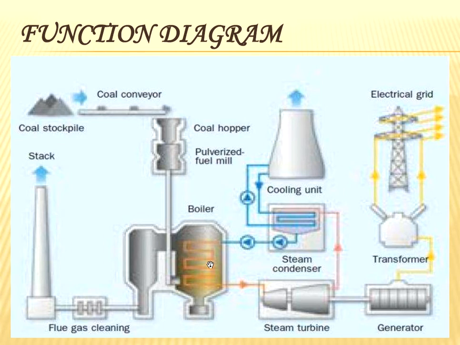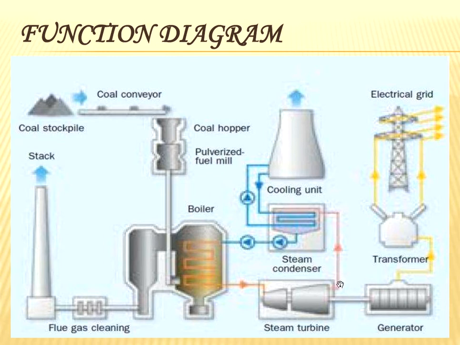The second circuit is the steam circuit, where the cold water enters the boiler, and because of the heat it gets converted to steam, and the steam goes through the turbine and rotates the turbine. Then after rotating the turbine, most of the energy from the steam is absorbed by the turbine.